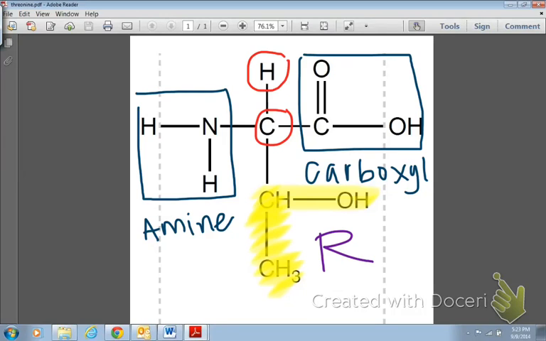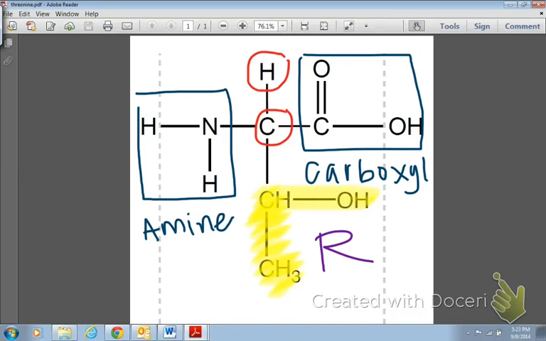And there's 20 different R groups that can attach right there. So amino acids are made up of an amine on the left, a carboxyl on the right, and then an R group which attaches to the bottom. And that R group really helps determine the function of that protein.